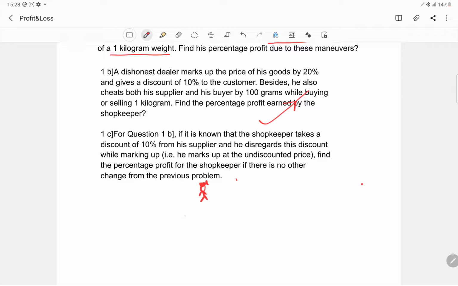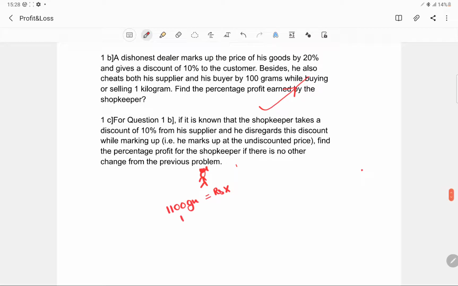Say he said okay, I am buying 1 kg for rupees X, but he actually ended up buying 1100 grams. So 1 gram cost him X by 1100, and 1000 gram actually cost him 10 by 11 of X.